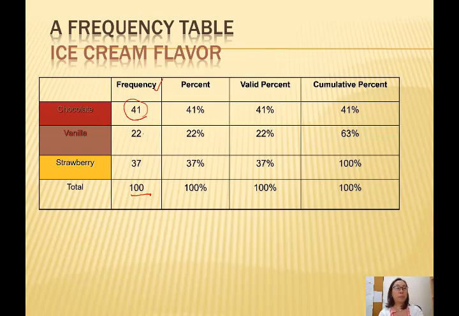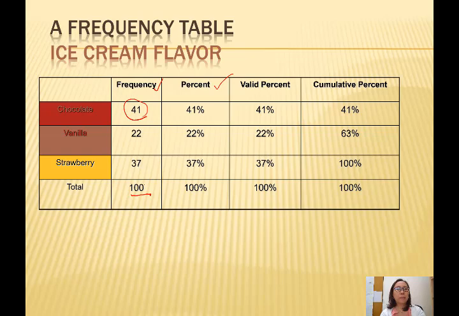Well, that has my little personal bias because chocolate is my favorite, and this data was created with that bias. But nevertheless, just to illustrate, you see in a full frequency table the percent column that lists the percents. If we had 100 people, just to make numbers easier to follow, that would be 100% of the people. And 41 people who like chocolate would be 41 out of 100, which turns into 41%.